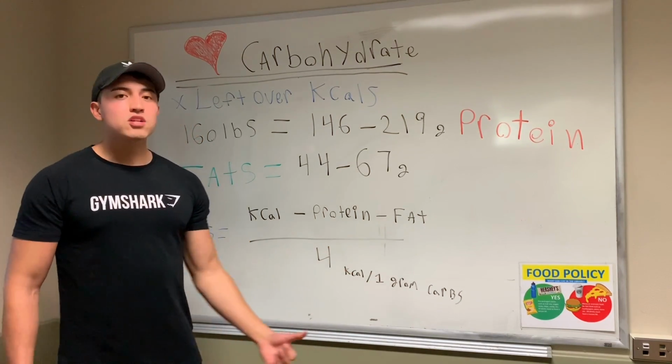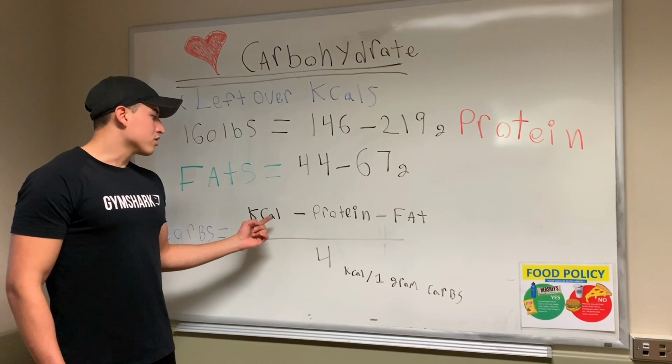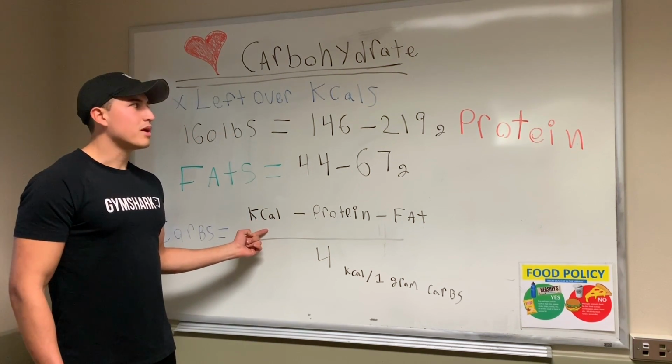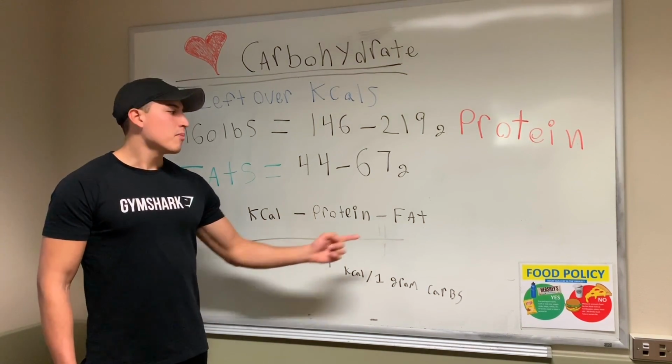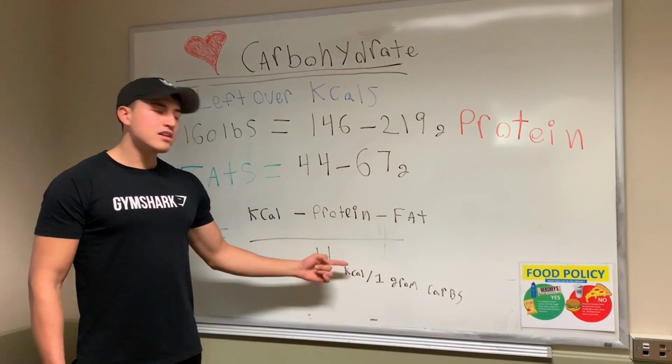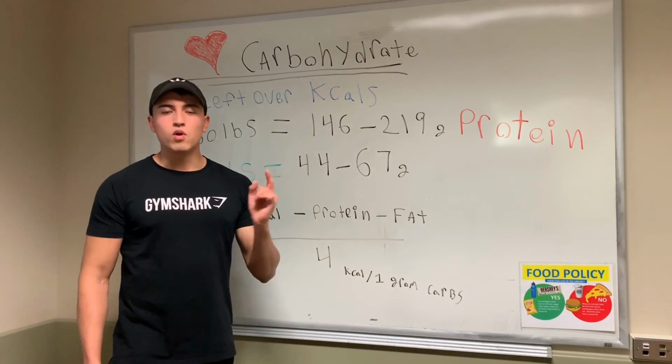Now, our carbohydrate intake is going to be a little bit different. We're going to take our total calories, which is about 2,000 calories, minus your protein intake, minus your fats, and divide that by 4, which is 4 calories for 1 gram of carbs.